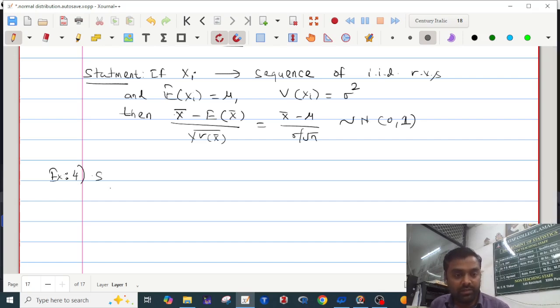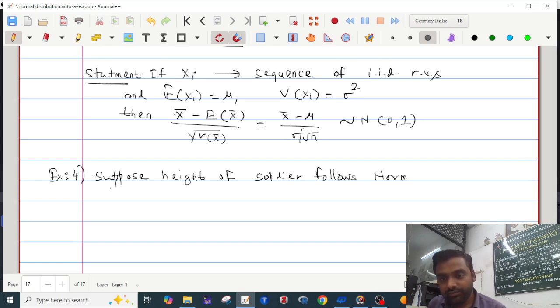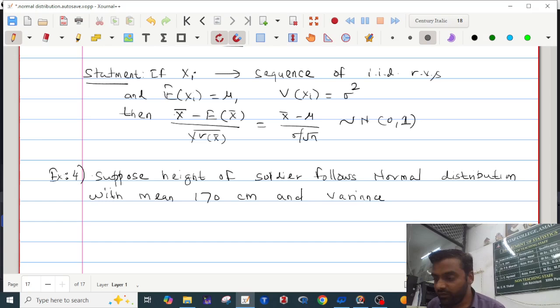What is given here? Example: suppose height of soldier follows normal distribution with mean 170 centimeter and variance 50 centimeter square.